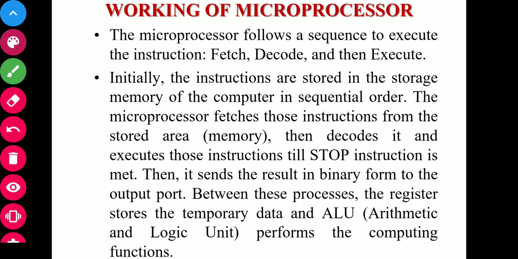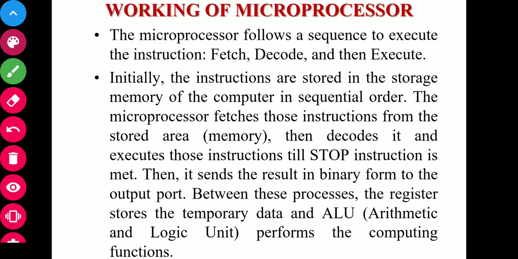So what is fetch, decode and execute? Initially the instructions are stored in the storage memory of the computer in sequential order. The microprocessor fetches, in the sense of getting, those instructions from the stored area, which is obviously called memory. Then it decodes and executes those instructions till a stop instruction is met.